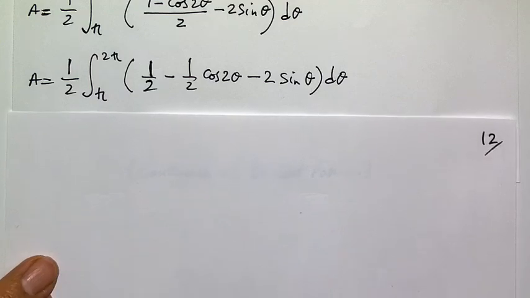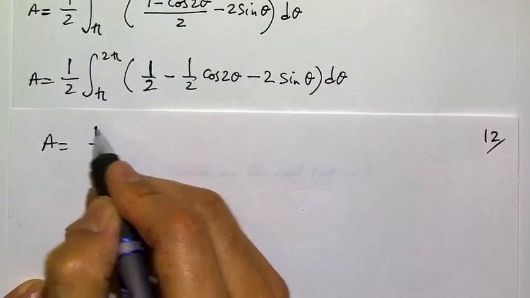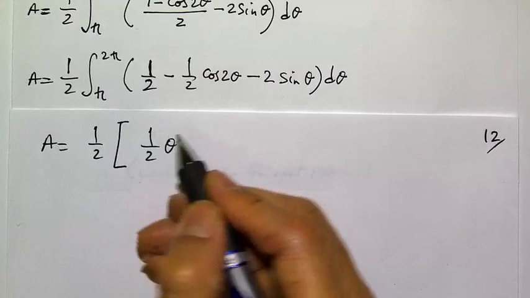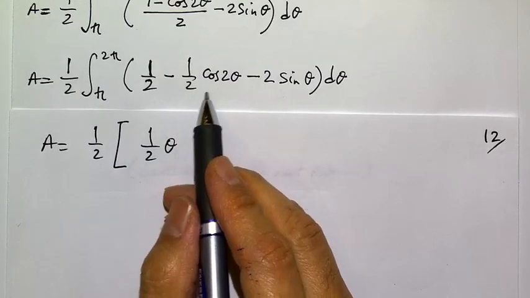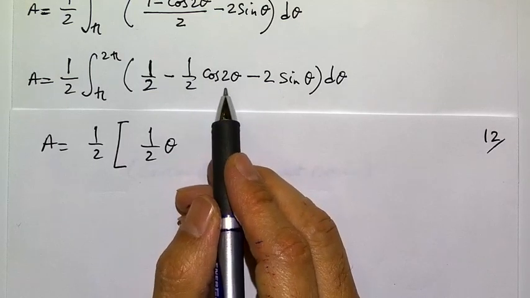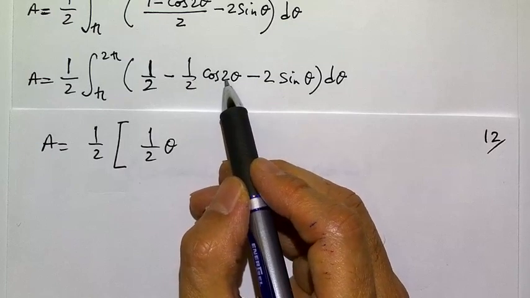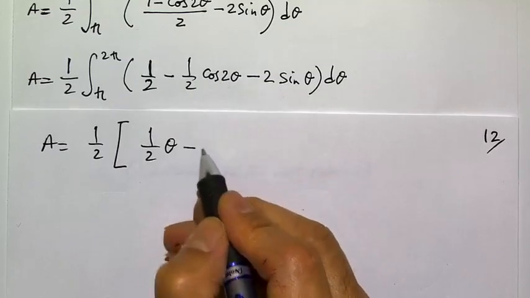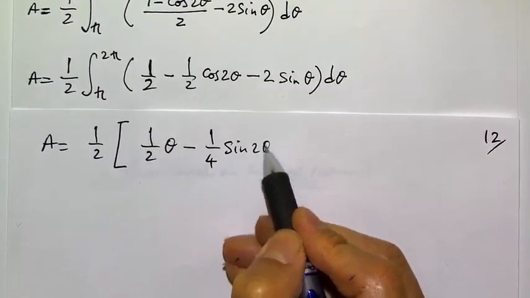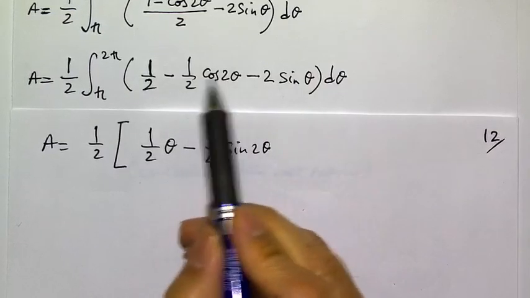So we have area equals 1/2 times, so this will be 1/2 theta, and then this is cosine, so it must have come from sine 2 theta, and then we need to account for the chain rule. The 2 comes out, so minus 1/4 sine 2 theta.